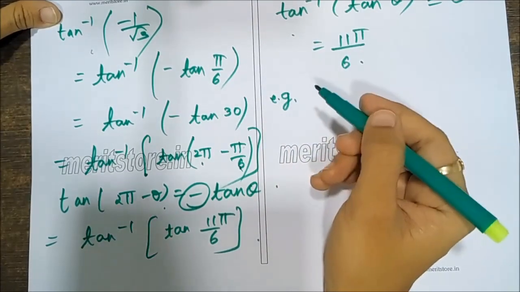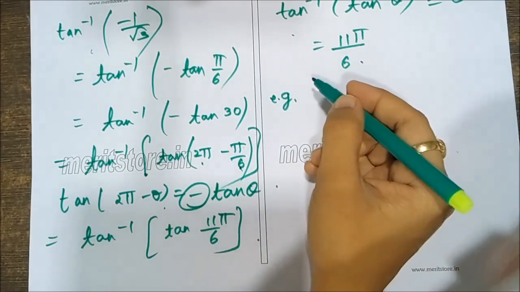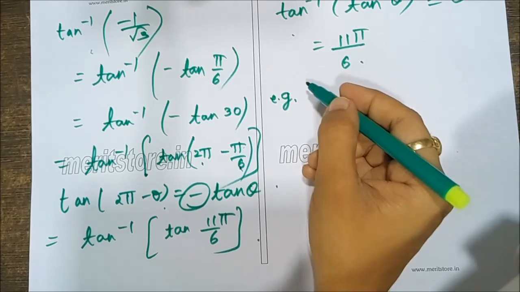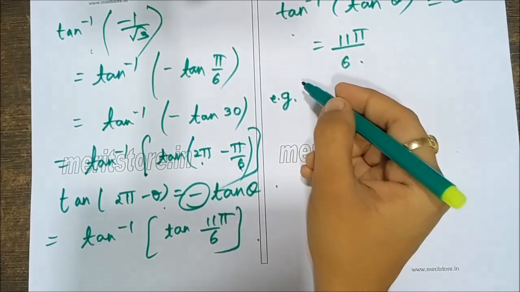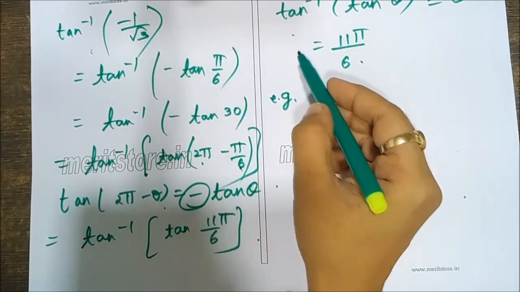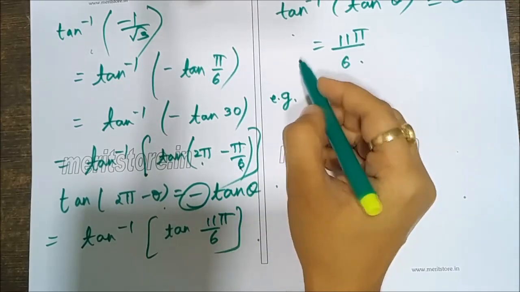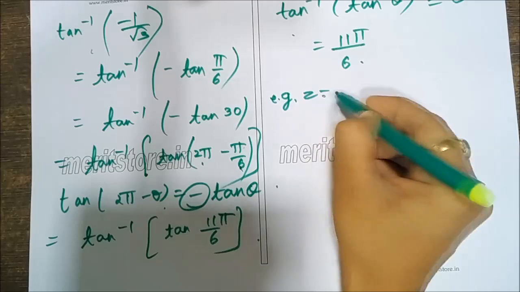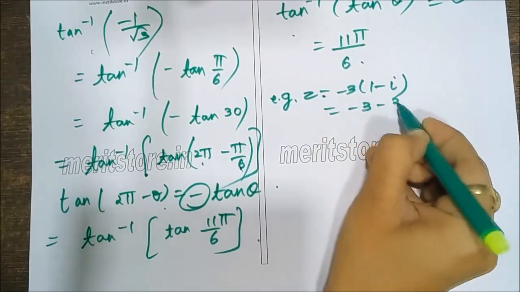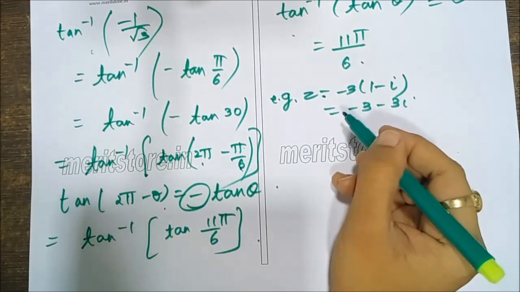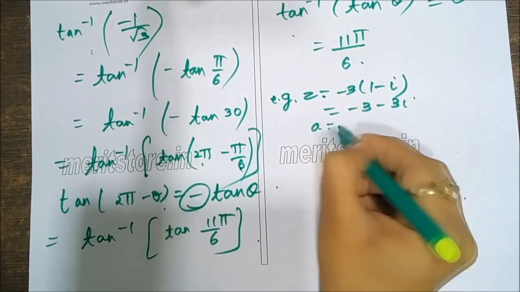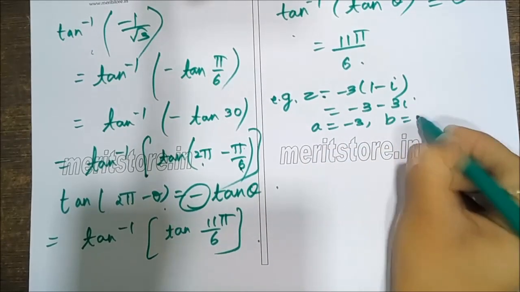One more example for this tan type of data, so that we are much clearer for it. We have z is equal to minus 3 minus 3i. So here your a is minus 3 and b is also minus 3. Why?